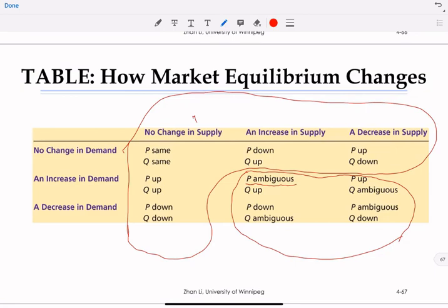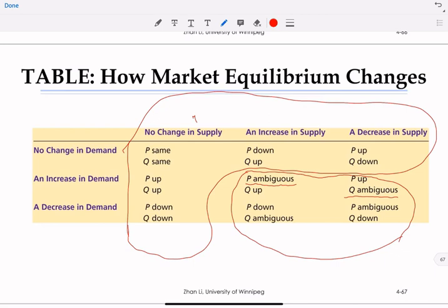And if there is an increase in demand and a decrease in supply, quantity is uncertain. So you gotta be careful: if both demand and supply change, then there is always either quantity or price which is uncertain.